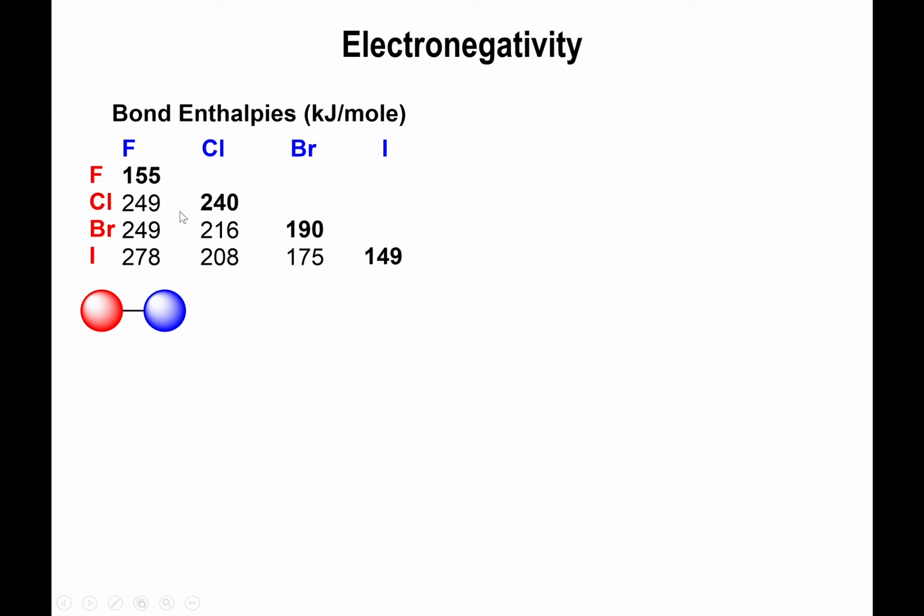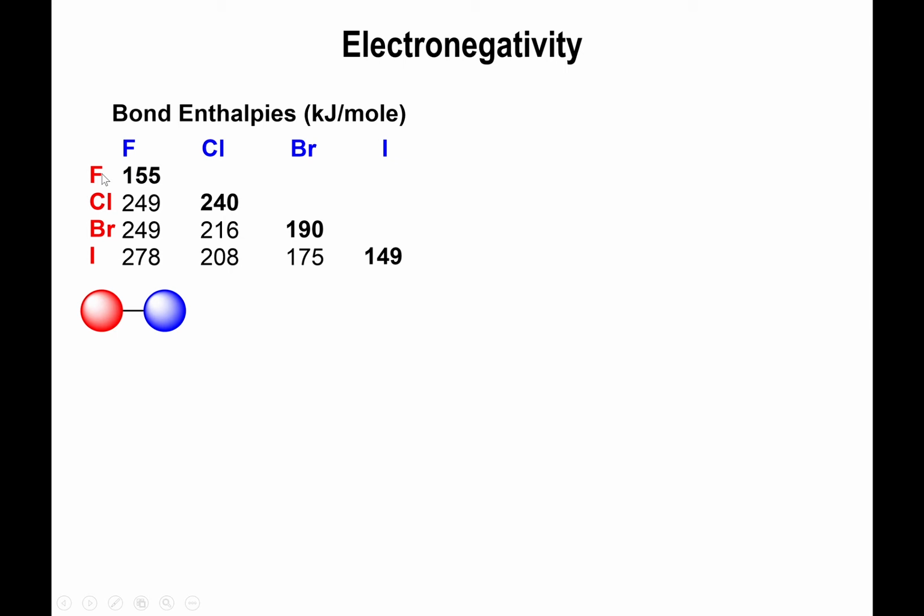But the idea is that if you start mixing atoms of different kinds, so for instance, fluorine with chlorine or chlorine with bromine, ideally, if the story was that you're just sharing electrons and that's the entire premise, then what you would expect is that you simply add the halves of the corresponding bond enthalpies.